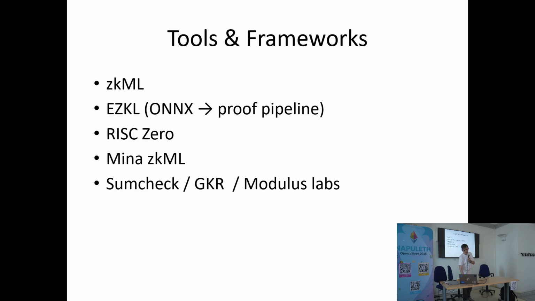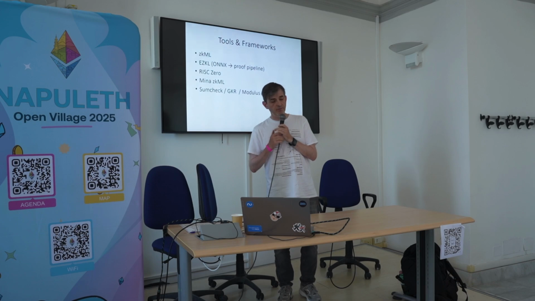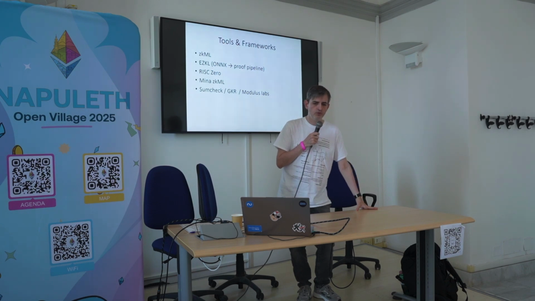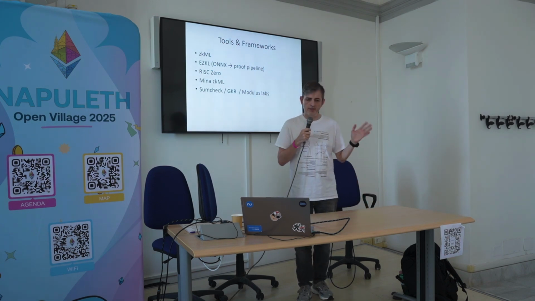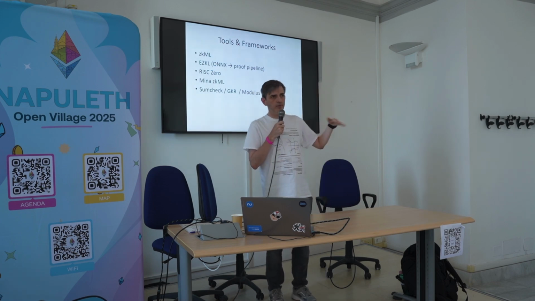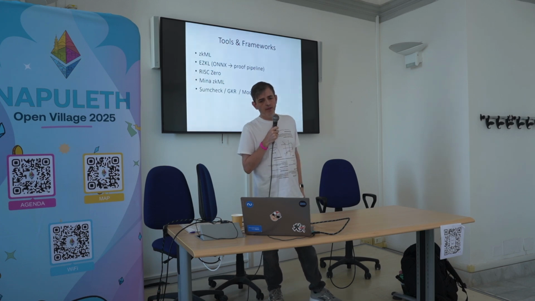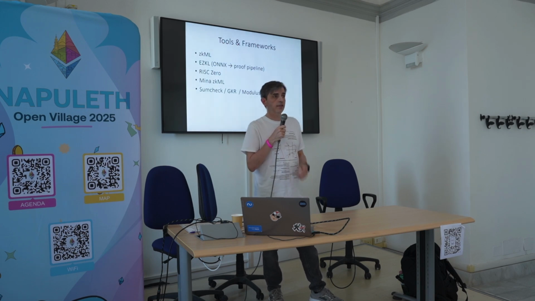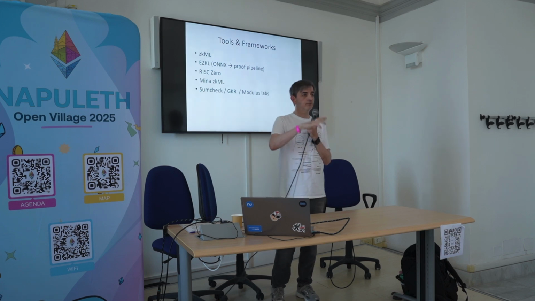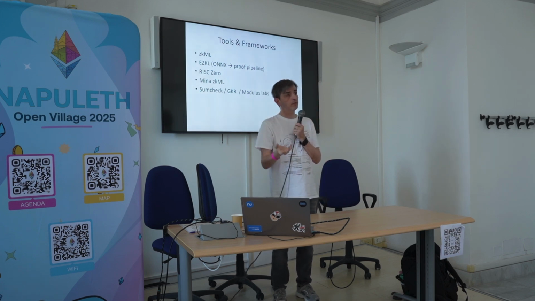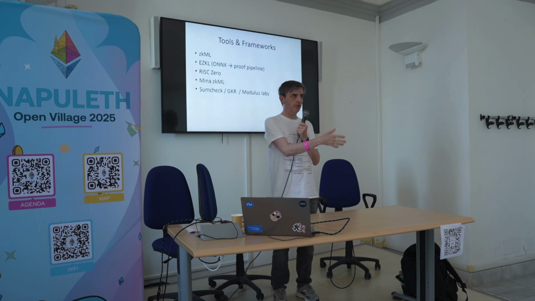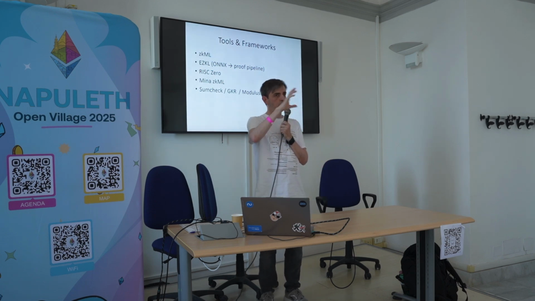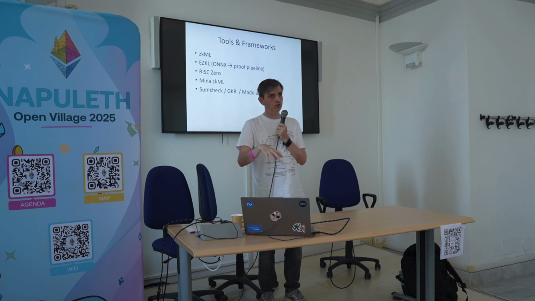But there are companies around that have managed to do some of this and get some success. There's one library called zkML, rather confusingly, from Daniel Kang, and he's done things around media authenticity. One of the most used libraries is zkL, and this allows you to develop a machine learning model using the traditional machine learning tools, such as TensorFlow or PyTorch, and then turn that into a standard format, what is called an ONNX format.